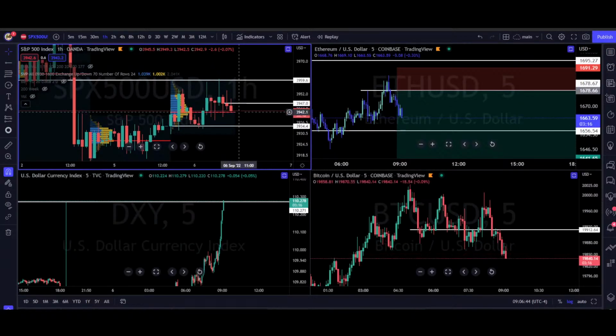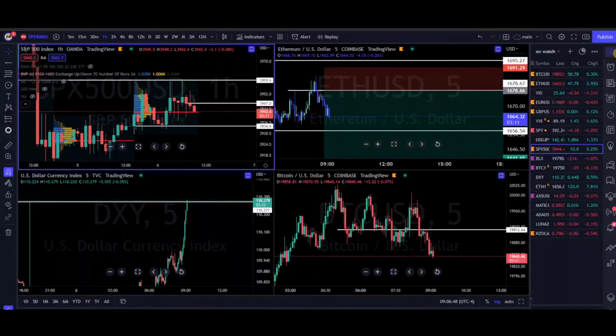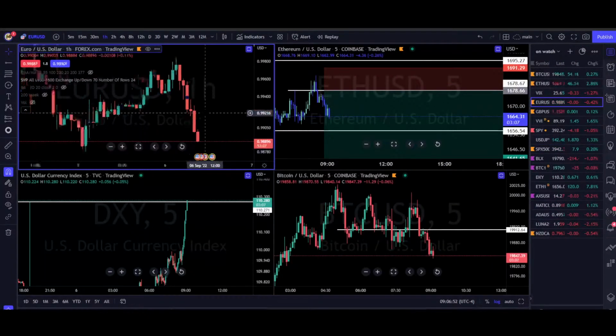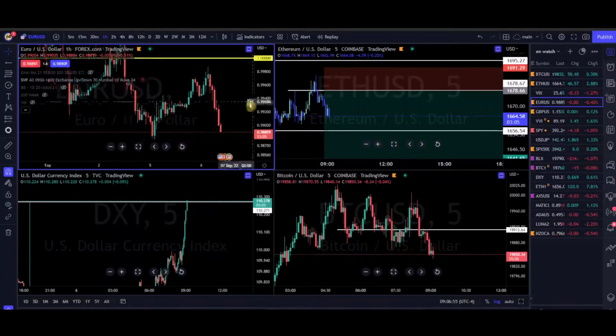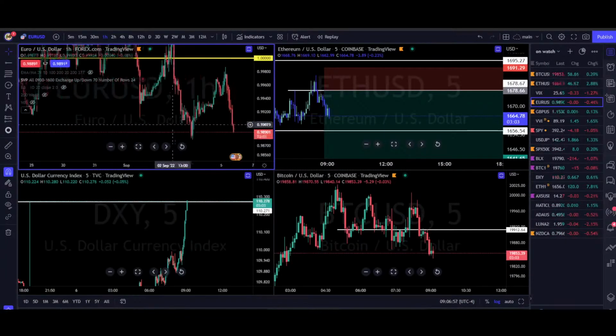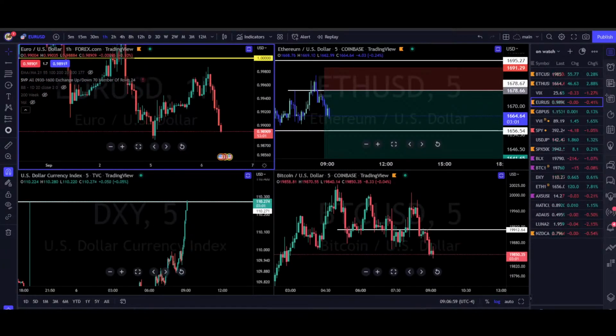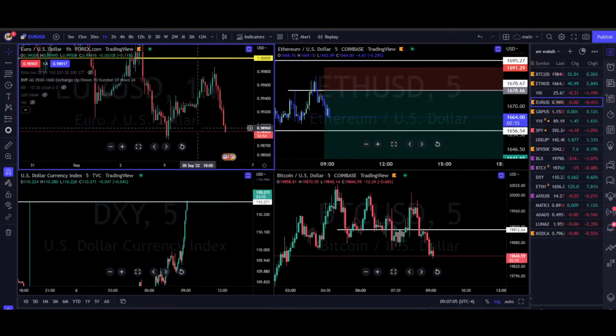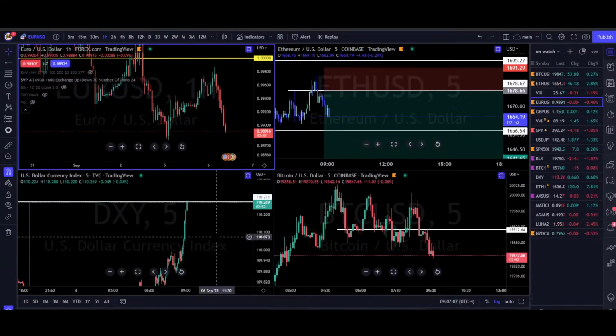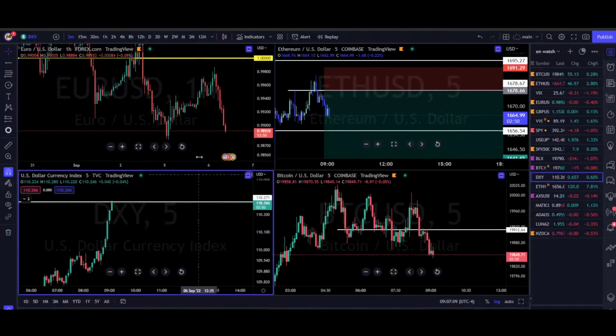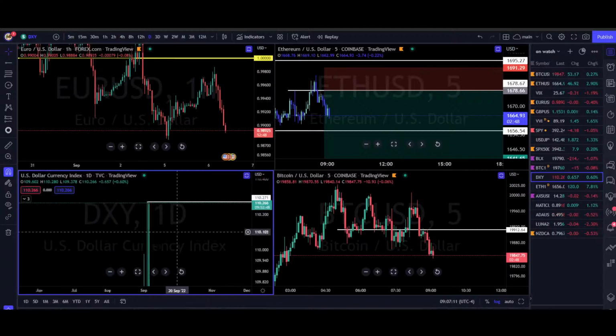SPX moving down. Euro has not quite liquidated a low of day yet, but damn. There it is.